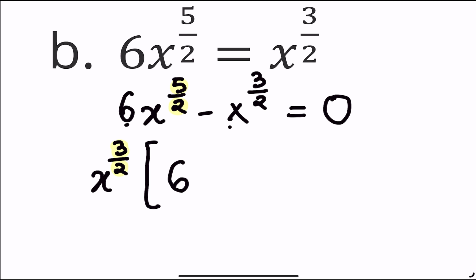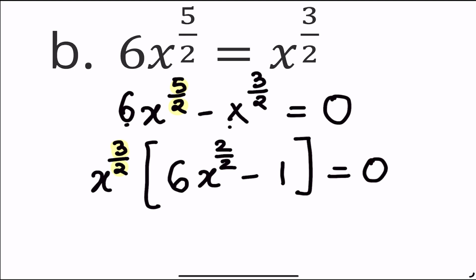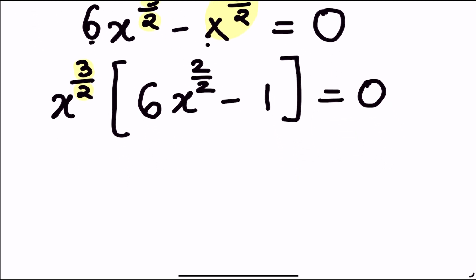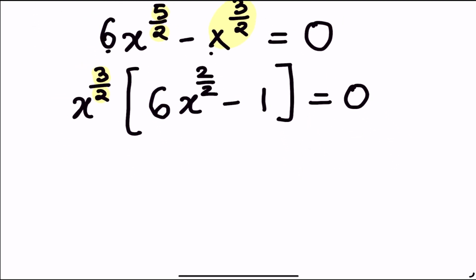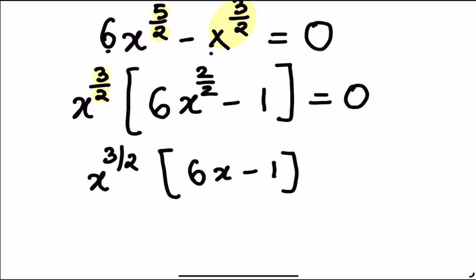Very simple: x to the power 2 over 2, because I already have x to the power 3 over 2 here. But what is 2 over 2? It's 1. So x to the power 3 over 2 times 6x minus 1. Do you see the 0.16666 here?